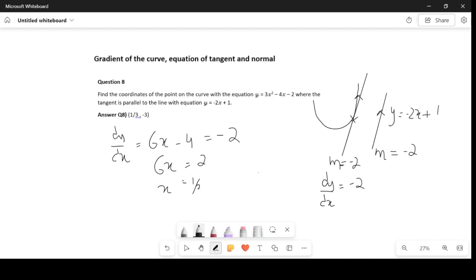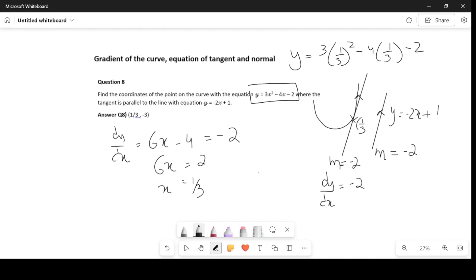Okay, so we know the x value of this point is 1 by 3. To find the y value, you can plug it into this equation. So y equals 3 times (1/3) squared minus 4 times 1/3 minus 2.